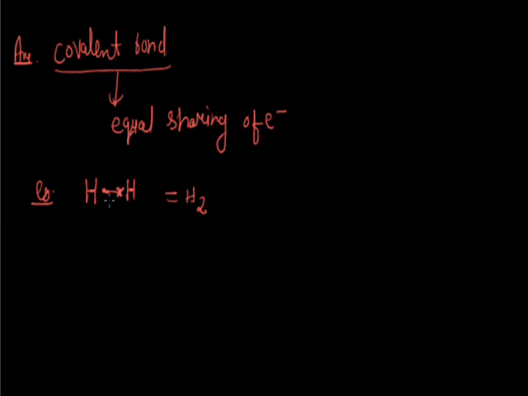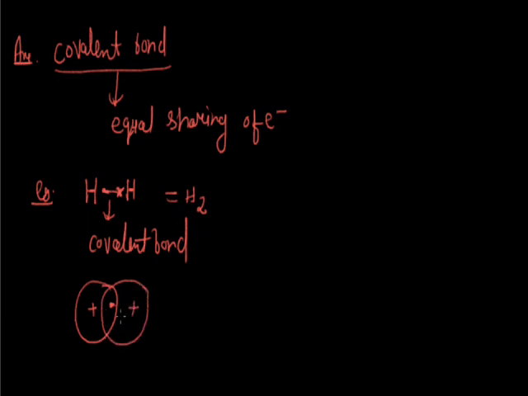This line denotes the covalent bond, which is formed by the sharing of electrons. Here is the electron of this hydrogen, and this is the nucleus and electron of the other hydrogen. This overlap area, the common area for both hydrogen atoms, is called the covalent bond.